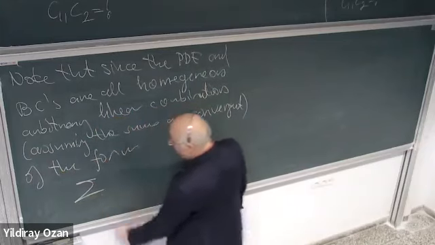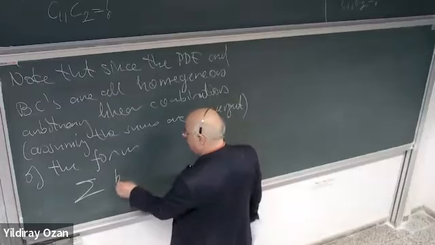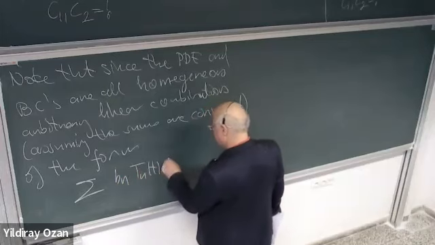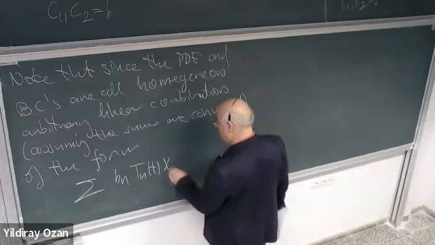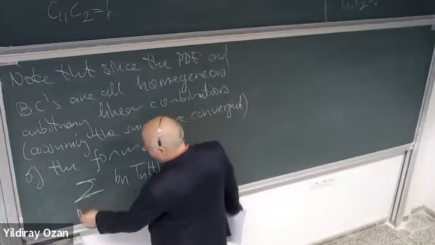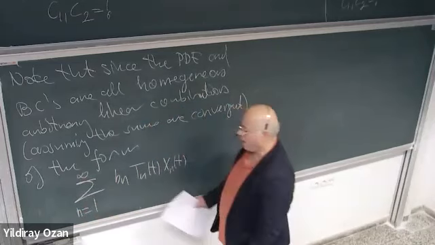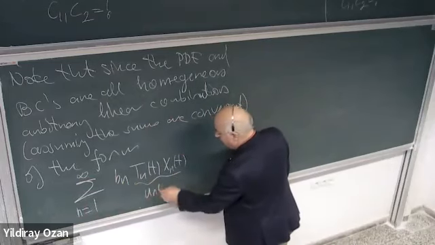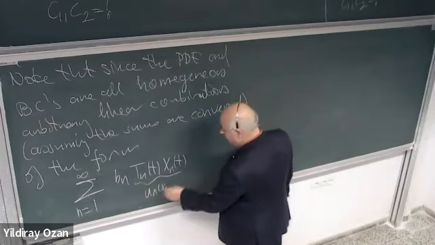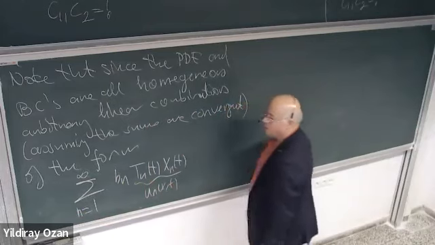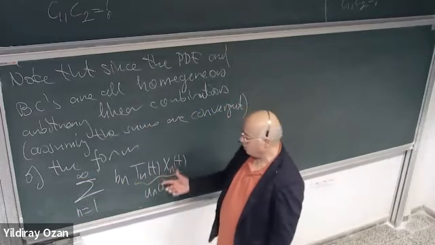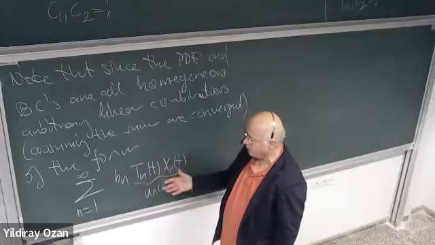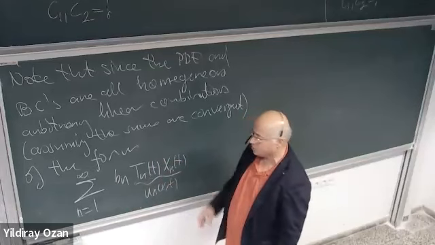So if we look at such things, b_n u_n(x,t), from 1 to infinity. Right? Each one of these was a solution. This is u_n(x,t), right? This is a solution. Each one is a solution, and their arbitrary combinations are also solutions.